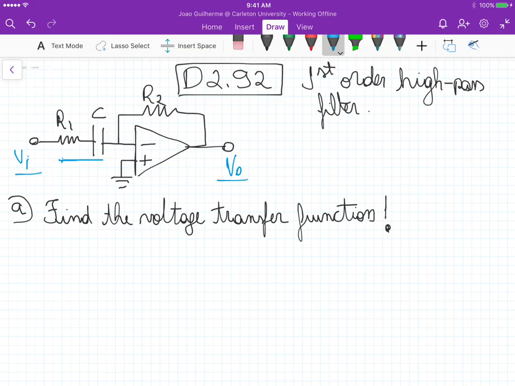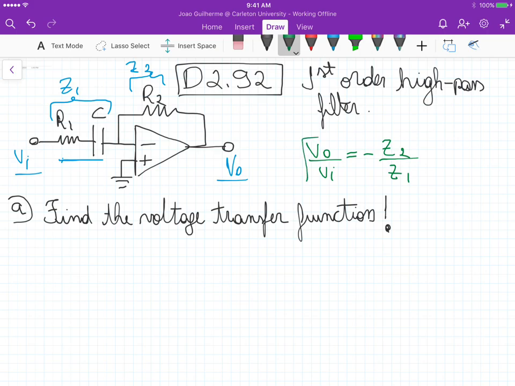Okay, and we can redraw this. We can call this one here Z1, our impedance Z1, and this one here our impedance Z2, and then we know that the transfer function Vout over Vi is equal to minus Z2 over Z1, right?